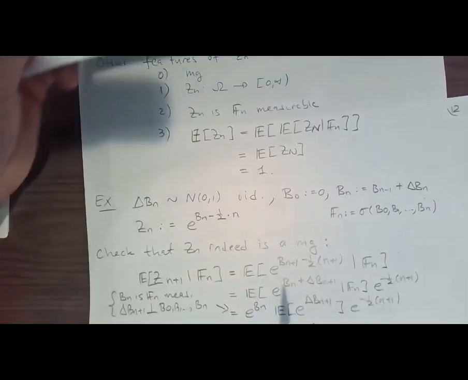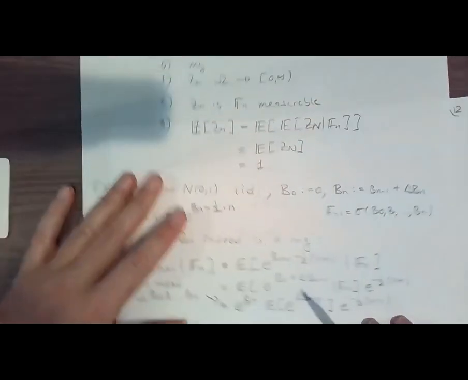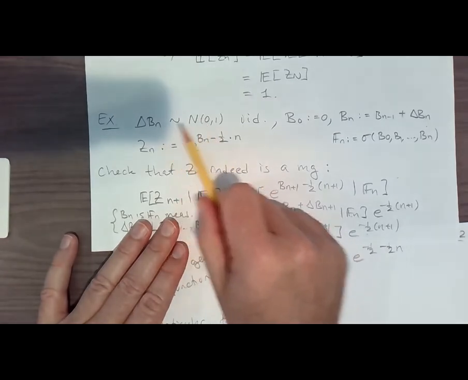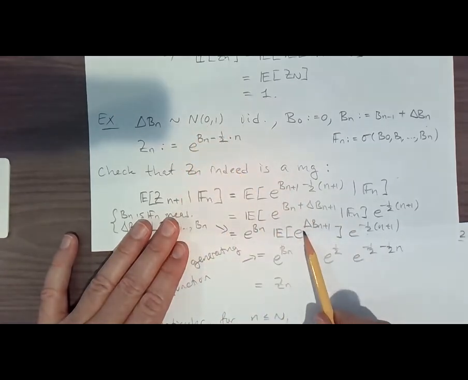Right? So then you see there's no constant. The constant out here is a 1. And delta B_{n+1}, this was standard normal. So this expectation here will just become this e to the 1/2 here.